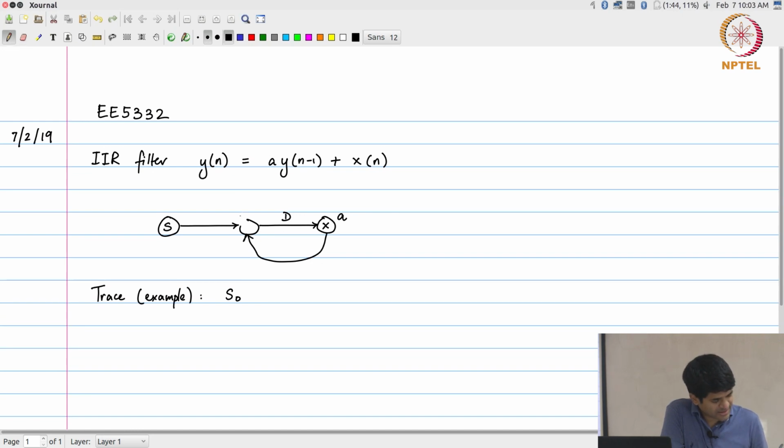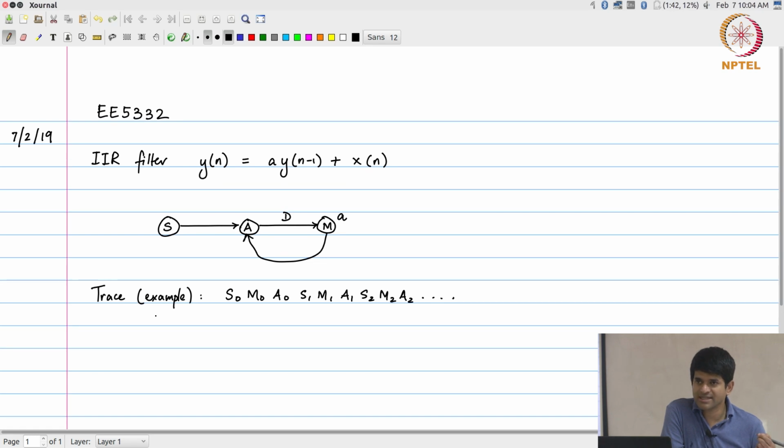I'll call this A for adder and M for multiplier. So one possible trace through this is basically S0, M0, A0, S1, M1, A1, S2, M2, A2, etc. Right? Keep in mind that this is only one possibility. As we saw, there are many different possibilities that can come up over here.